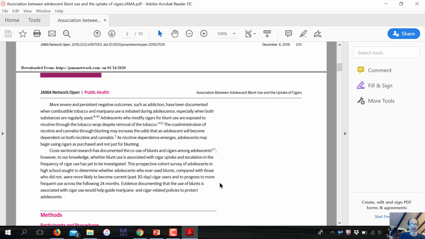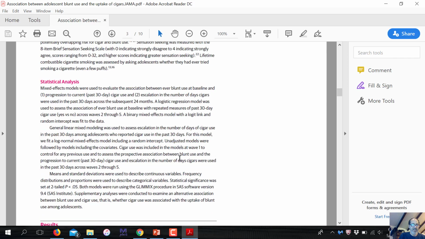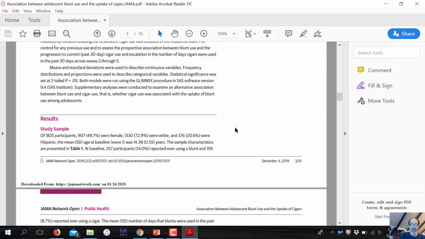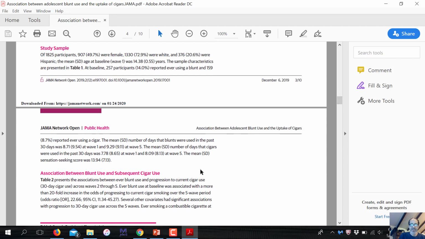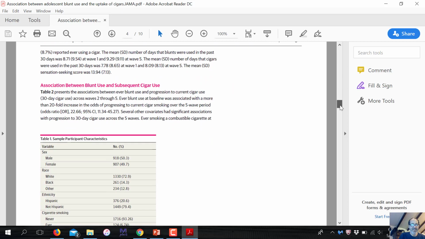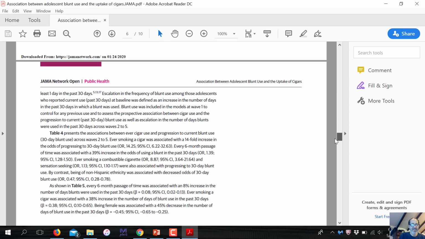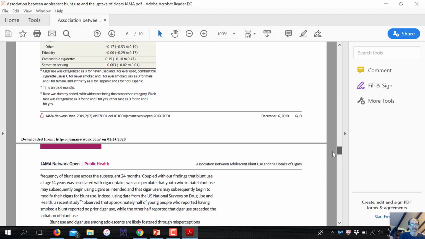So this is where you find what's going on, and then you go to the results section. In the results section, you'll find the results, what you're looking for. These are the results unobstructed by the opinions of the authors. When you go into the discussion, you get the author's opinions, and you get a lot of blah blah stuff.